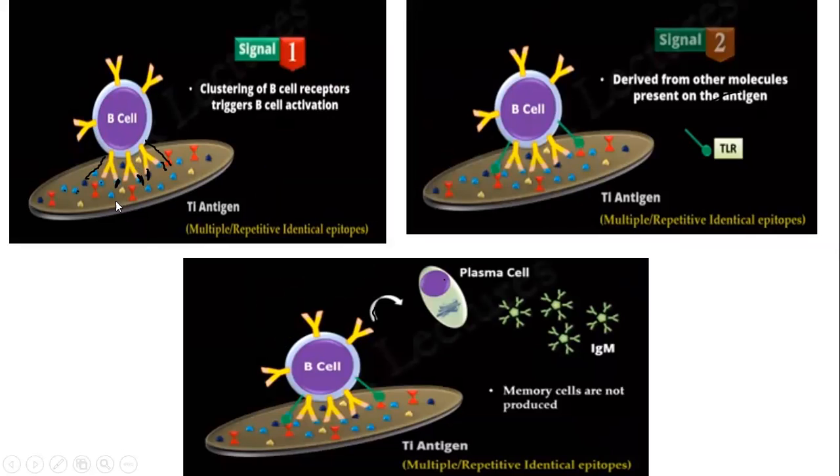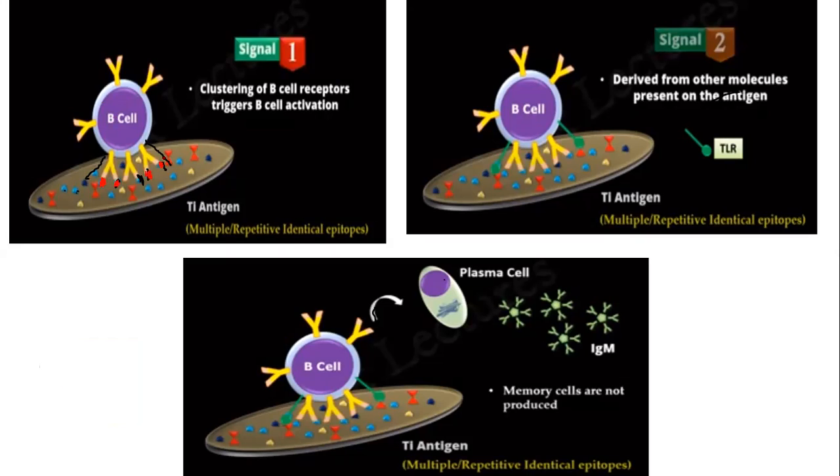These are the particular receptors, and here the B cell is binding to a particular kind of antigen.